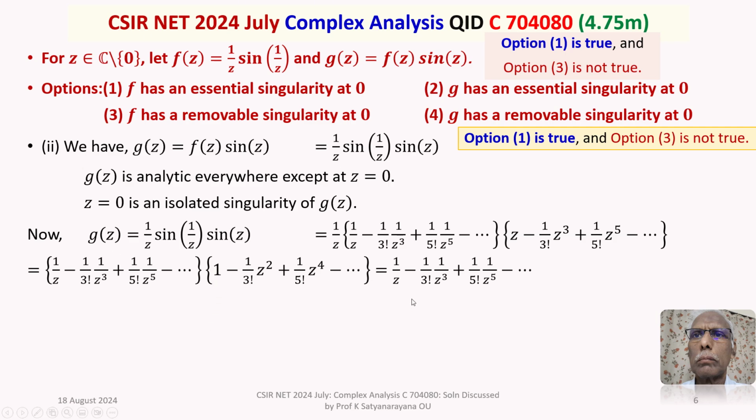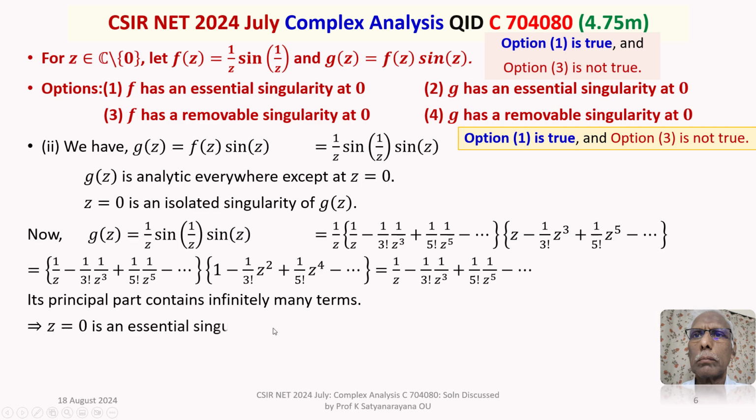So you will get 1 by z minus 1 by 3 factorial z cube plus 1 by 5 factorial into 1 by z to the power 5 minus so on and so forth, and some more negative powers of z will come, then the positive powers of z also will come. The principal part is that part which contains the negative powers of z. Therefore, the principal part contains infinitely many terms.